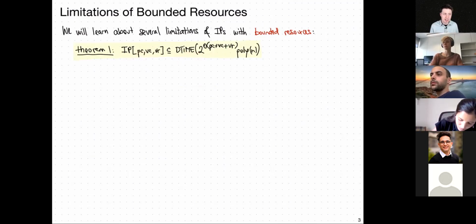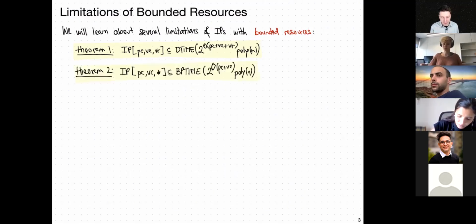Okay, this is not entirely surprising, but it will help us set the stage for more complex theorems. Specifically, in the next one, we're going to say that even if I put no bound on the verifier randomness, morally we get the same upper bound. The main difference is that my algorithm that runs in exponential time will now additionally need the use of randomness itself.